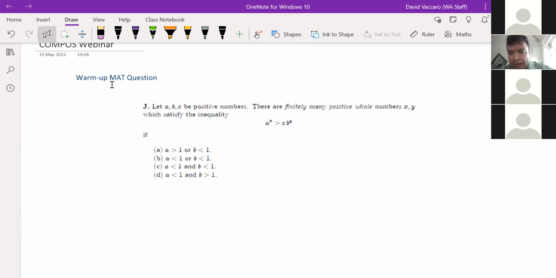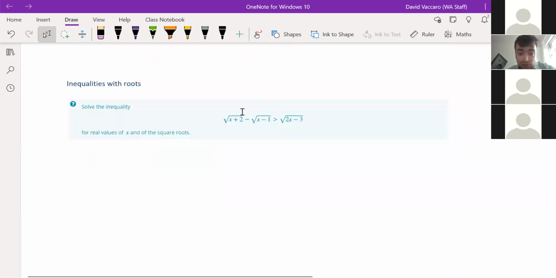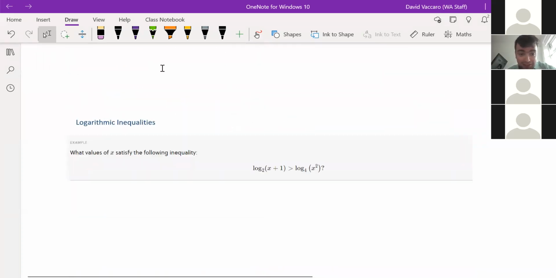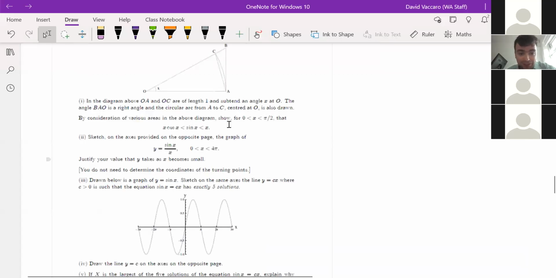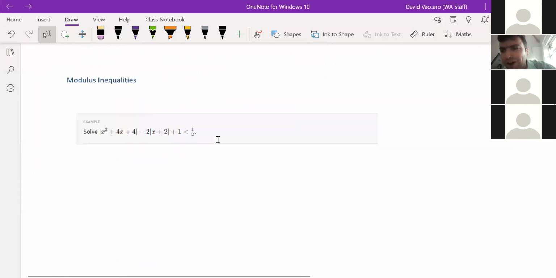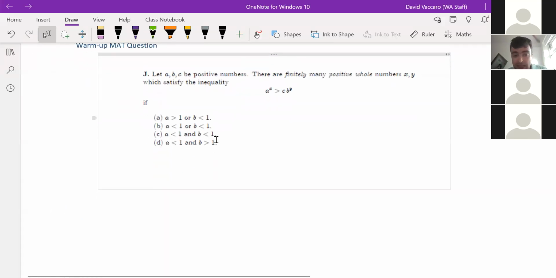We're going to look at slightly more complicated inequalities today involving powers, roots, moduluses, logarithms, complicated logarithms, trigonometric functions, exponential functions. So fun stuff. Right, what I thought I would start with is a math multiple choice question.